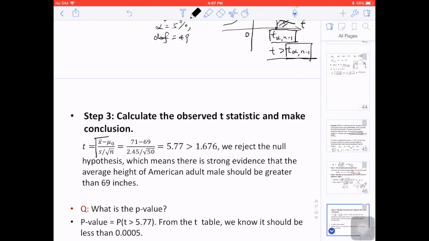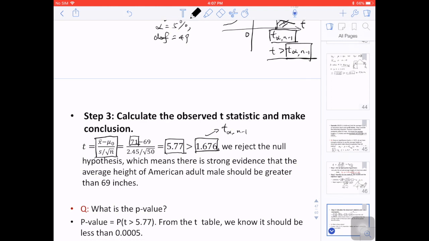Because this is our t statistic, right? And my x bar is equal to 71. So mu0, s, and square root of n are known. So this value is known, it is equal to 5.77. And you compare to the critical value. So this is the critical value, 1.676.